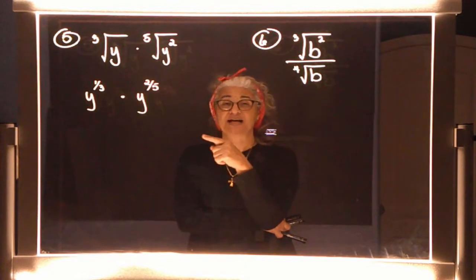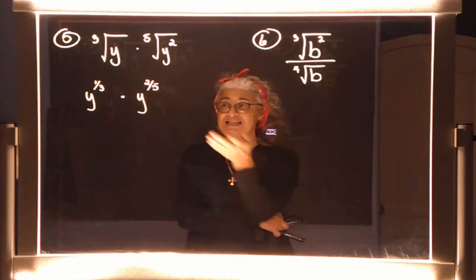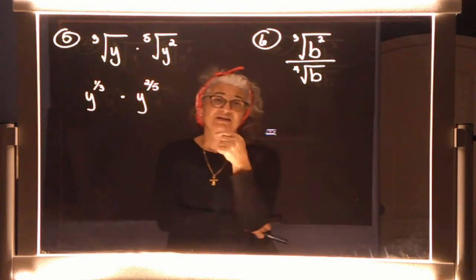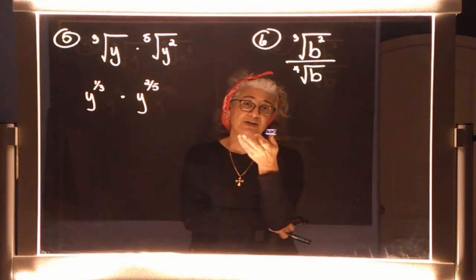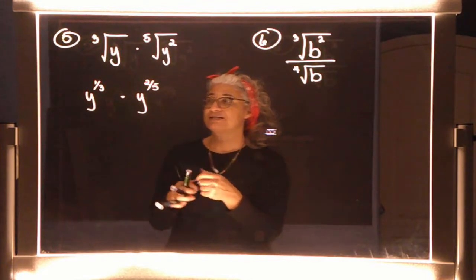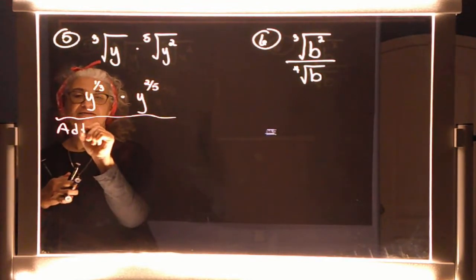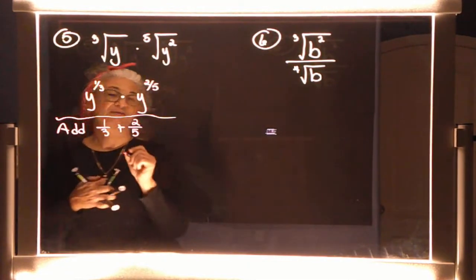But you can only add these exponents, because they're fractions, if the denominators are the same. Excellent. So in reality, one of the first things I've got to do right now is add 1/3 plus 2/5.